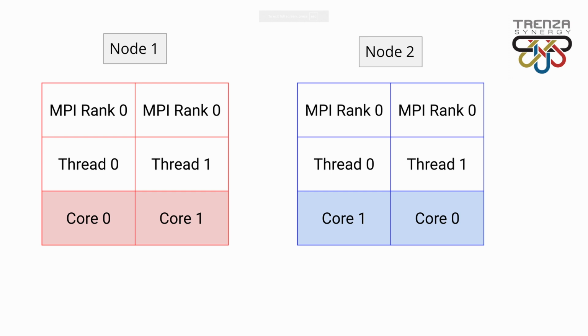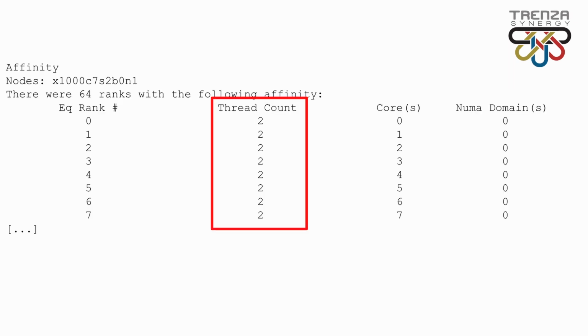As long as both threads belong to the same rank and the NUMA domain is the same, this rarely has any impact on the performance of the application. So instead of denoting the actual thread number, we just report the number of threads that the cores were assigned to. This allows us to group the node affinity results that are almost but not quite the same.